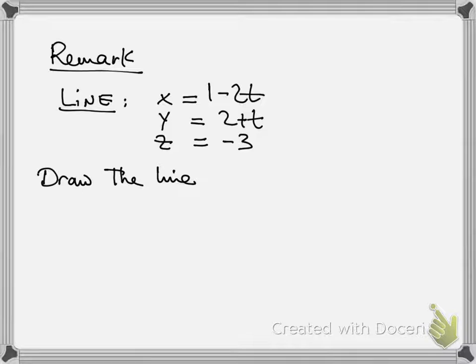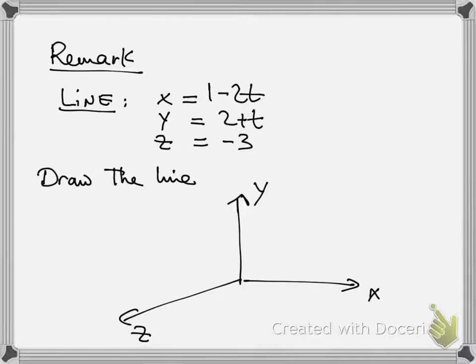So we are in a three-dimensional space, so we have x, y, z. Here's my x, here's my y, here's my z. So the thing, guys, is that for each value of t, you get a point of the line. So for example, let's say t is 0.